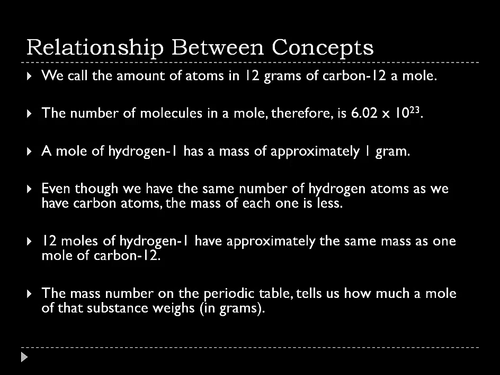The reason why it's not exactly 12 grams is because carbon-12 is not the only isotope of carbon. But we'll get to talking about isotopes later on in the course. So these terms we can use to relate the individual atoms or molecules making up a substance to the mass of the substance that we have.